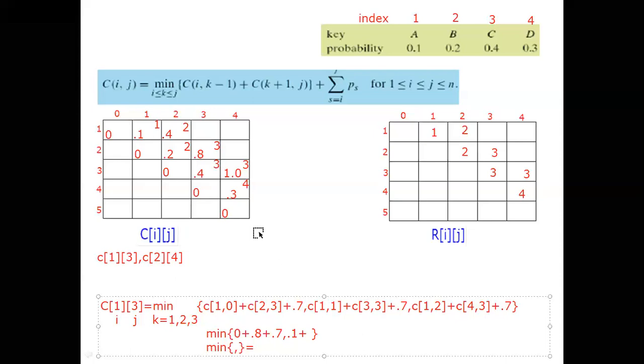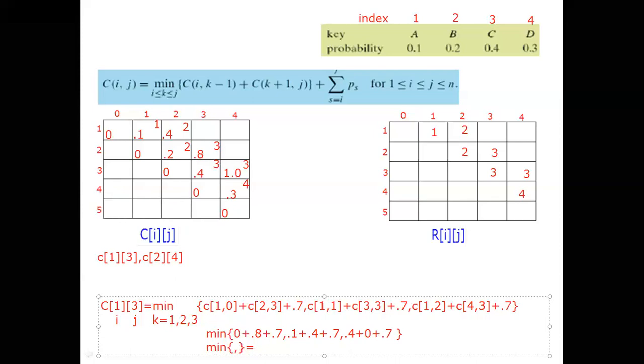Just some of the mistakes the students make, I pointed out. That's it. C of 3, 3, it is 0.4, plus 0.7, comma, C of 1, 2, it is 0.4, plus C of 4, 3, it is 0, plus 0.7. 0.7 we write as it is.